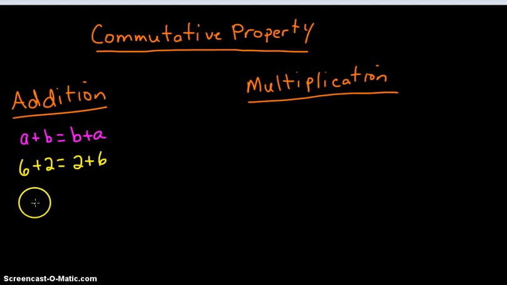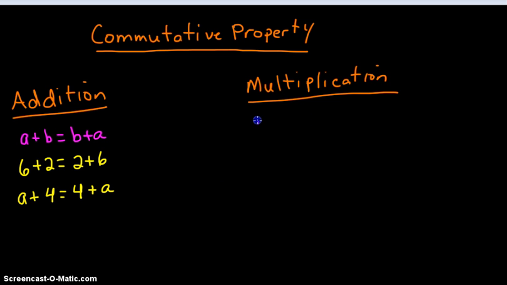True statement. If I put a letter in, A plus 4 equals 4 plus A. Again, that might be confusing, but just see that you can switch the order of the numbers. It doesn't change the value. If I said A was 6, 6 plus 4 is 10, 4 plus 6 is 10, so it doesn't change.